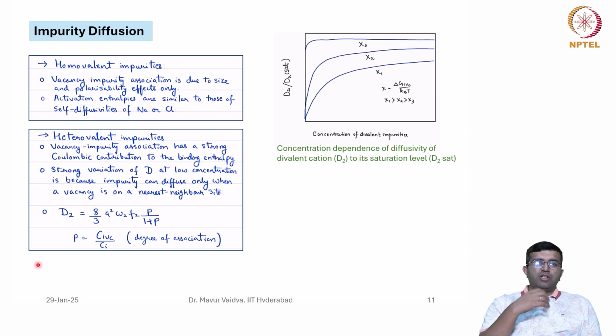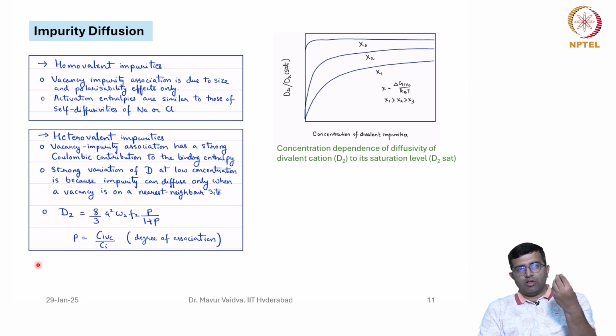Whereas, when you consider the heterovalent impurities, the vacancy impurity association has a strong Coulombic attraction contributing to the binding enthalpy. When the charge of the dopant that you have added is different, that is known as the heterovalent impurity.